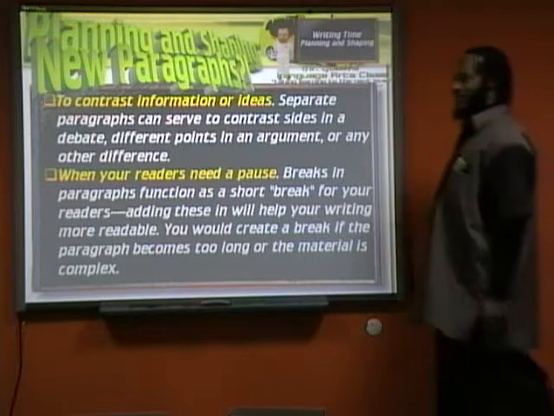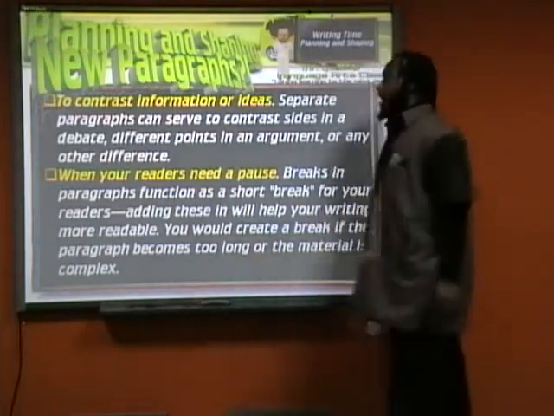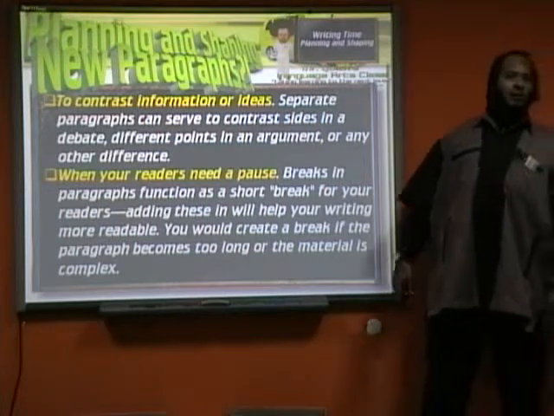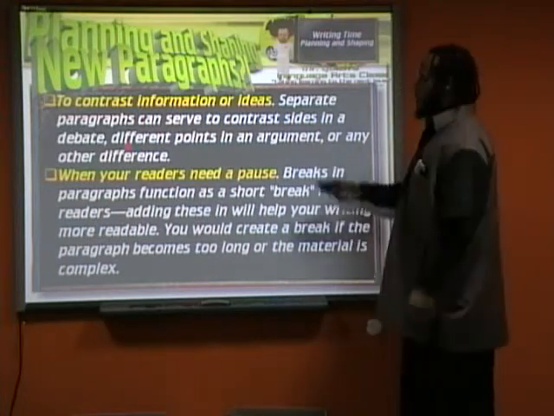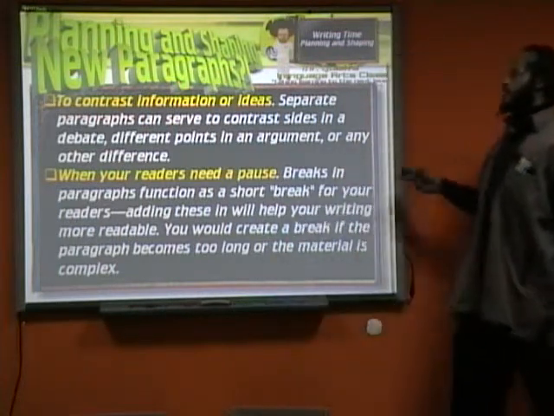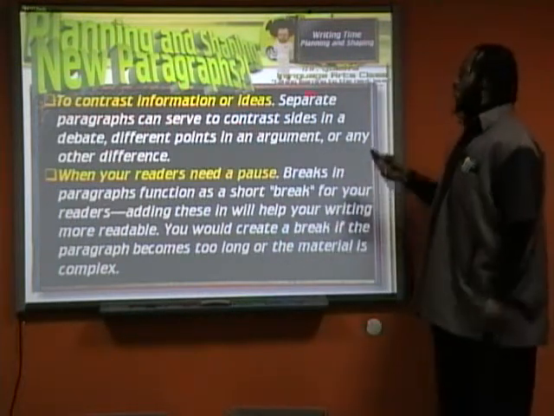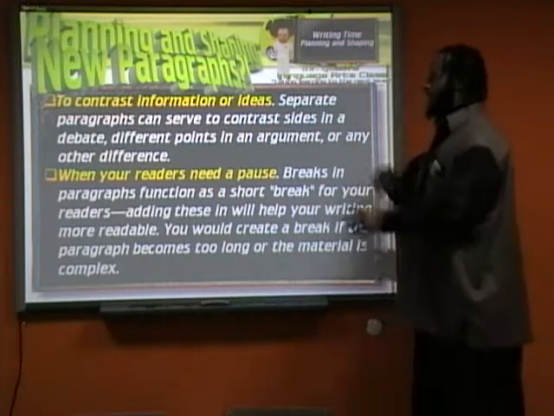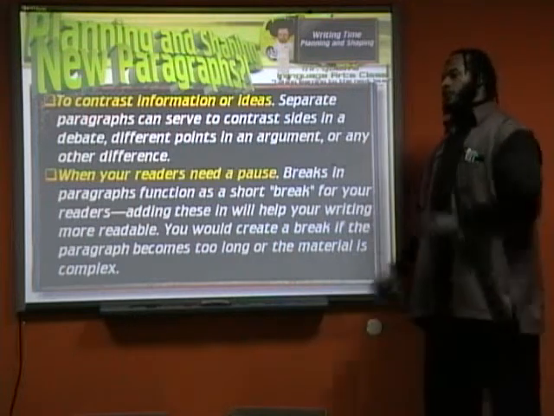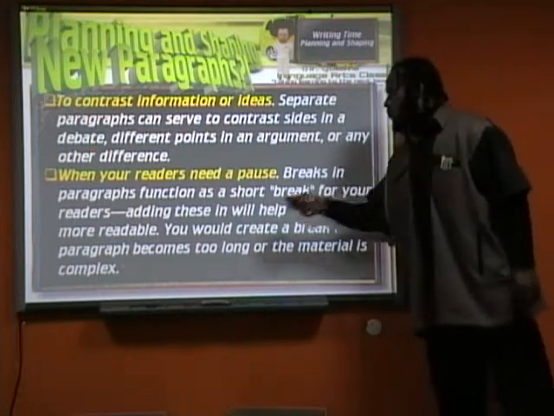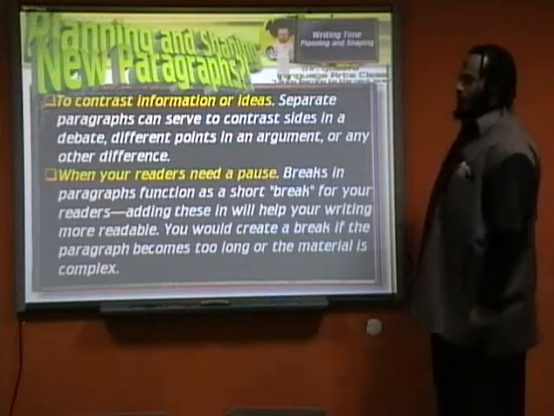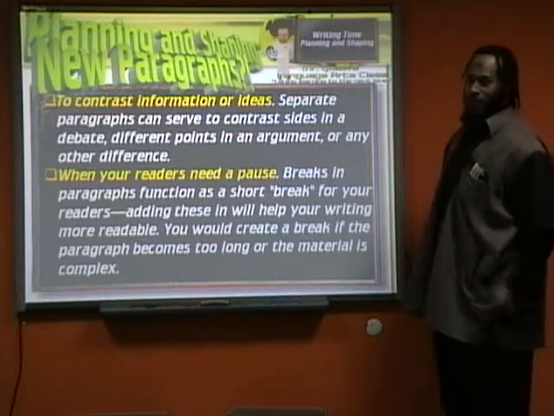Other times we should begin a new paragraph is to contrast information or ideas. That means separate paragraphs can serve to contrast sides in a debate, different points in an argument, or any other difference. When your reader needs a pause, and, you know, we're talking about a one-page paragraph.